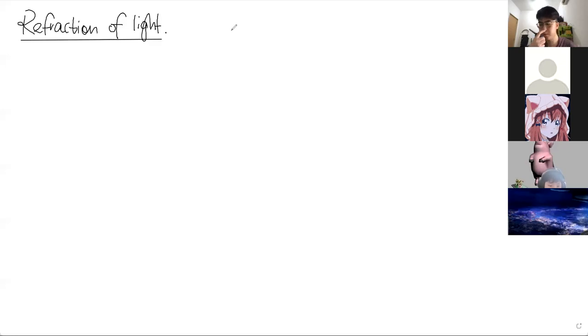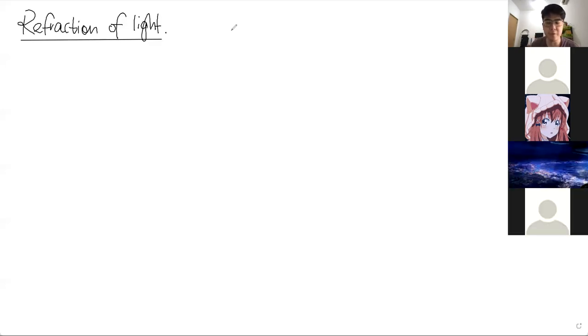Okay, now let's start. Refraction of light. Previously, it was reflection, so there's a difference. Just a bit of a recap: in reflection, light travels to a surface, strikes the surface, and then gets reflected in different directions.